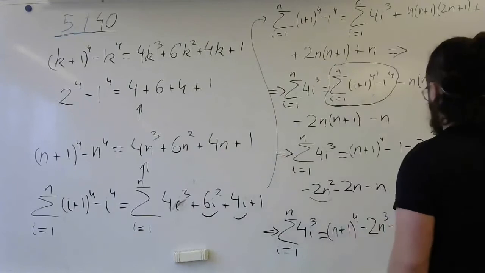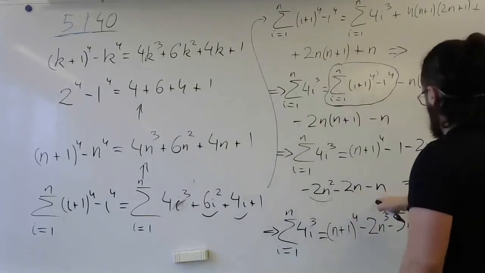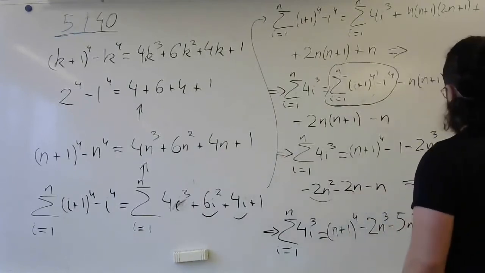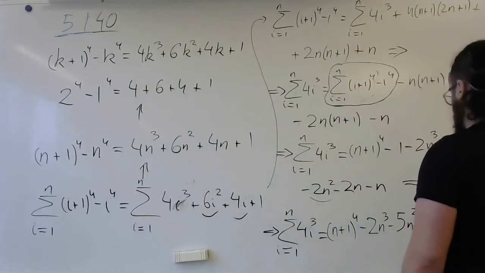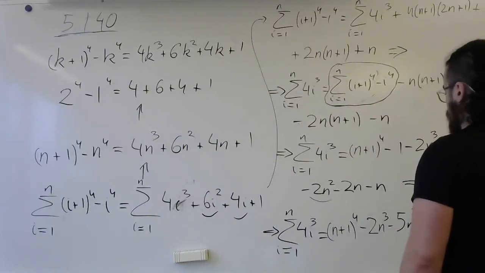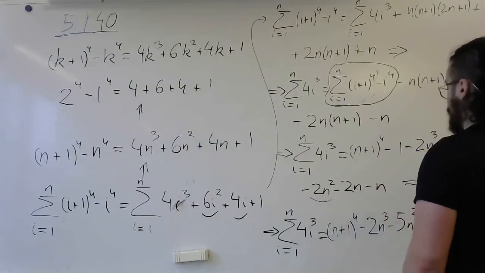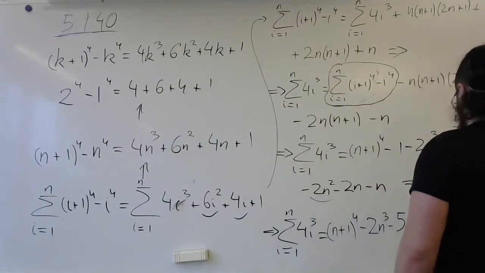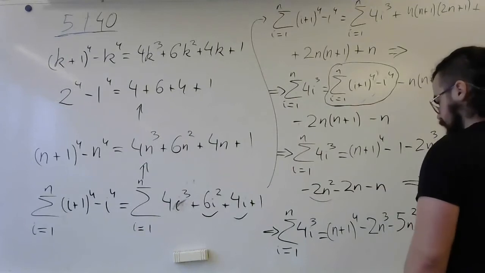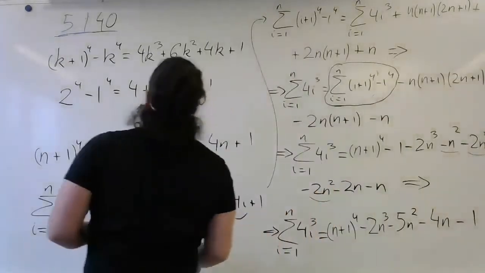Minus 5. Now we put the n's together. And those are 4. Boom, boom, boom. And minus 1. Okay. We're almost there.